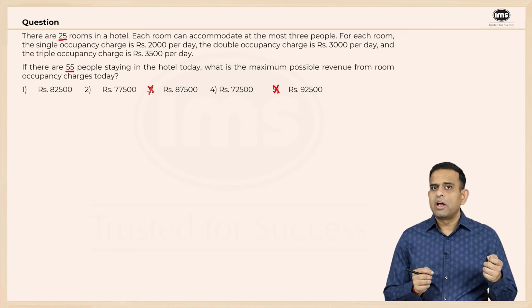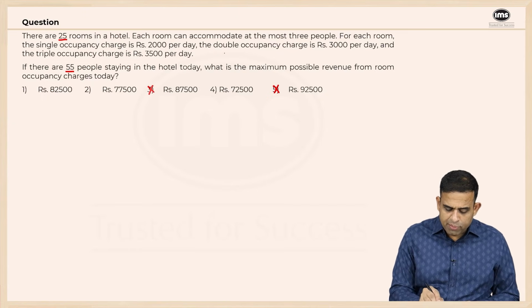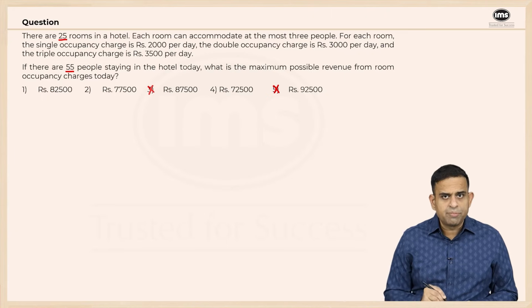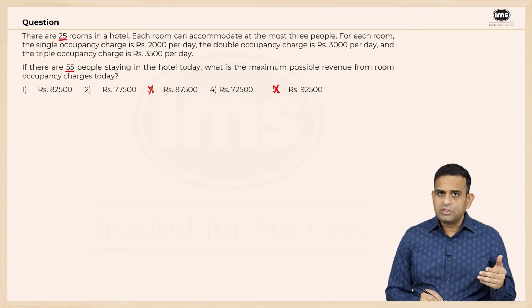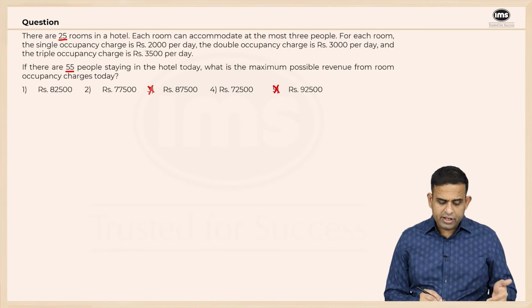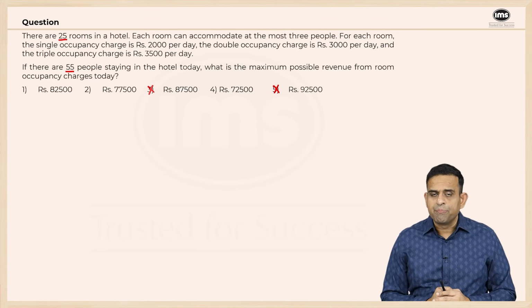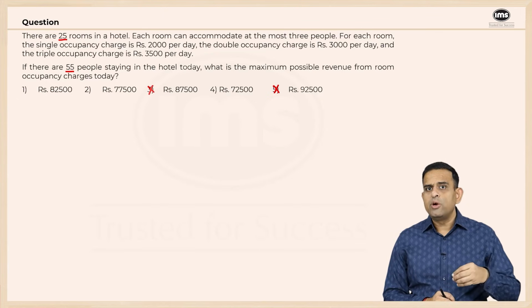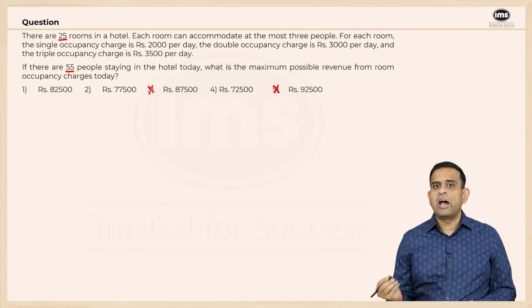Now understand, if someone asks you what the per person charge is in case of double occupancy, it comes out to be 1500 per day. And if I look at the room which contains 3 people, the per person charge happens to be nothing but 3500 divided by 3, and that number comes out to be less than 1200. It definitely means that we should look for as many double occupancy rooms as possible.